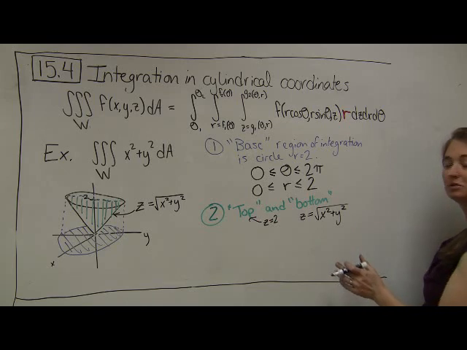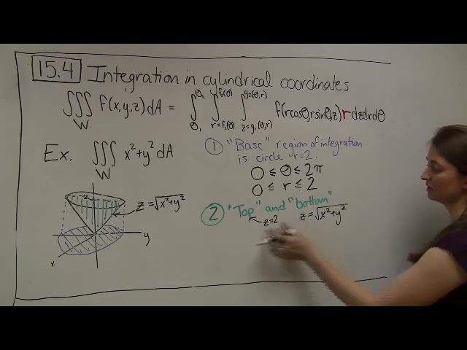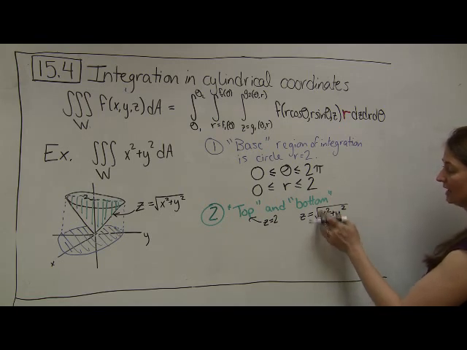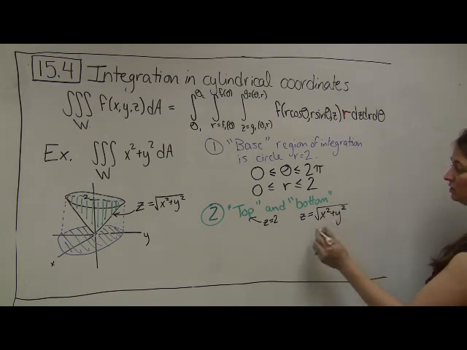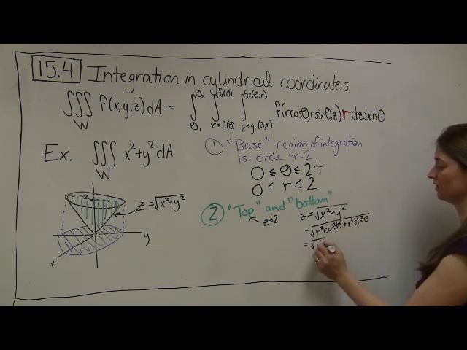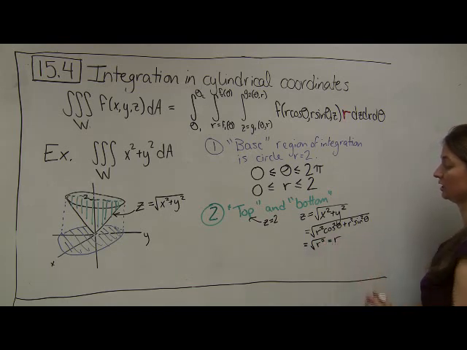We don't actually want to use x's and y's in our bounds on z, though. We want to make sure that we convert this into polar coordinates. I can do this algebraically if I wanted to, and I could see that, oh, this would be the square root of r squared cosine squared theta plus r squared sine squared theta, which ends up being the square root of r squared, which is just equal to r.